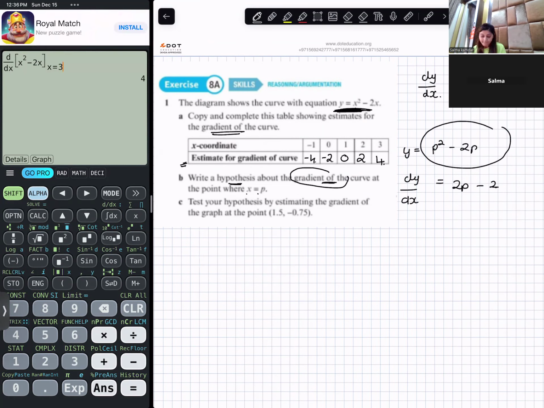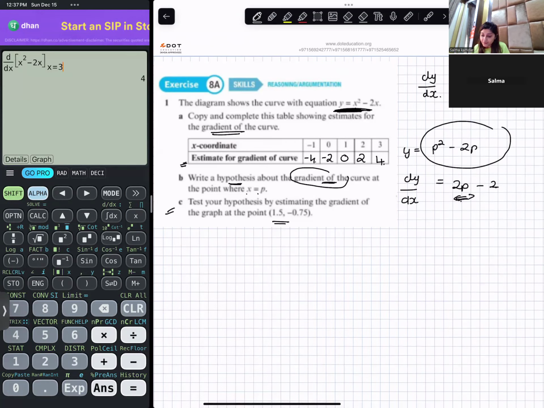Okay. The C part: test your hypothesis by estimating the gradient of the graph at the point 1.5, 0.75.